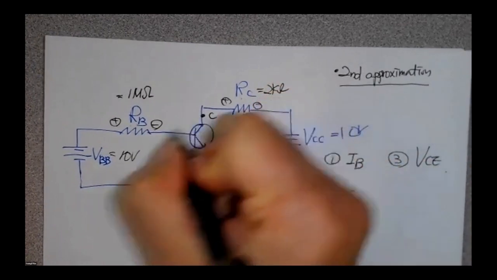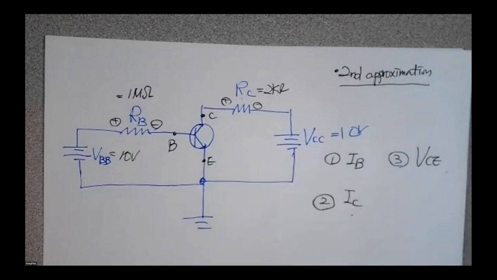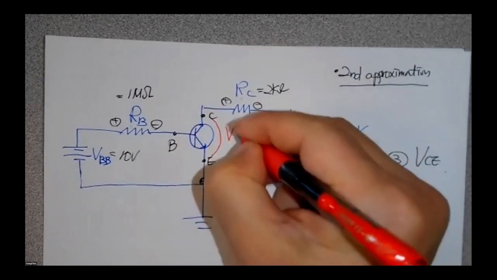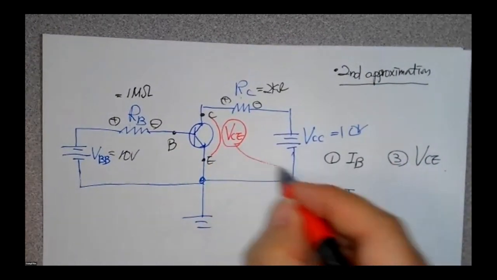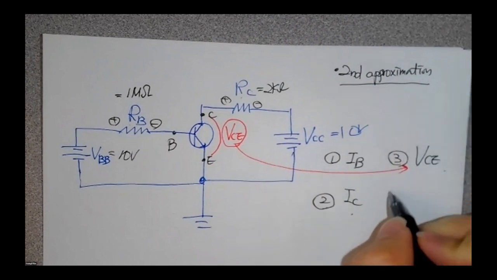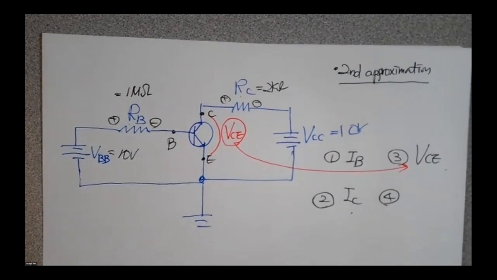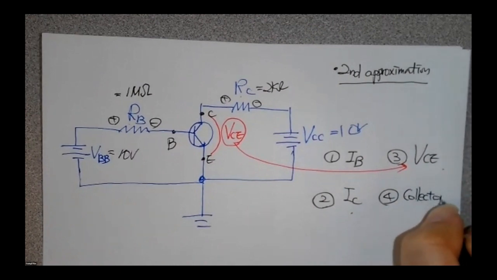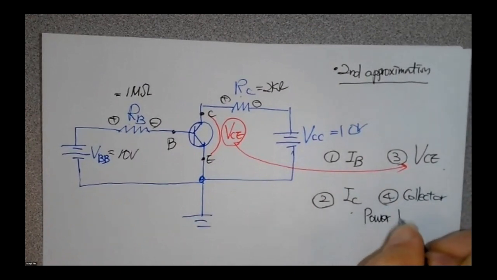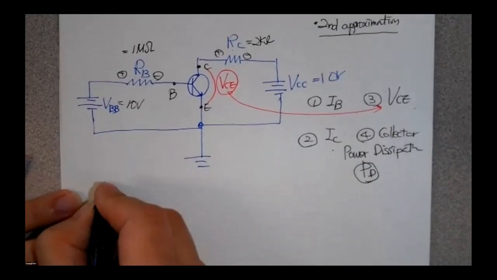Because that is C, that is B, that is E. So V sub CE, like this one here. So that was one of the questions. Number 4 is what is the collector power dissipation? So that is the P sub D. Okay, so step by step.